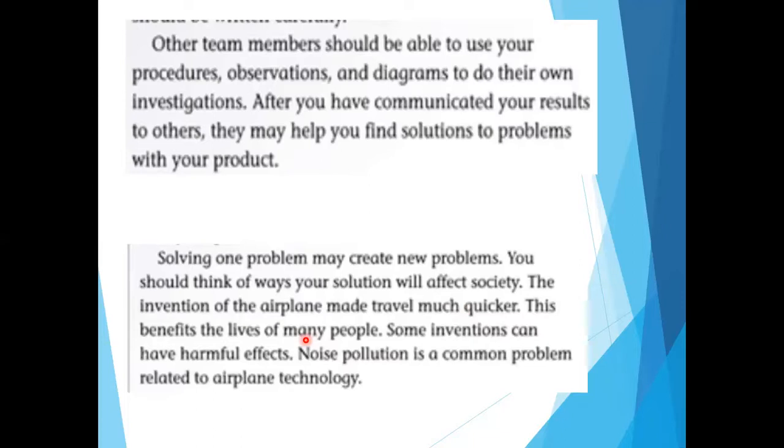But if you travel by airplane, it takes only 2 hours. Some inventions can have harmful effects. Noise pollution is a common problem related to airplane technology.